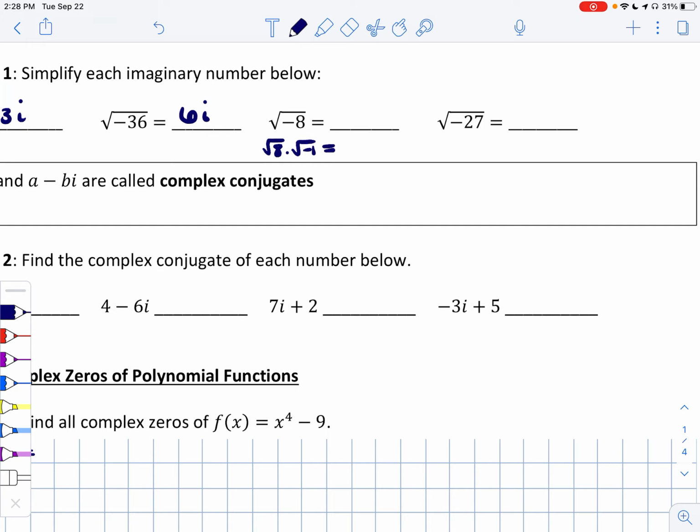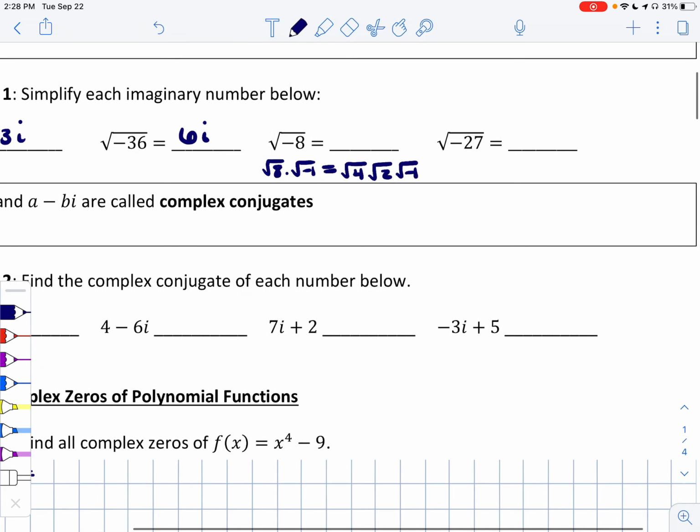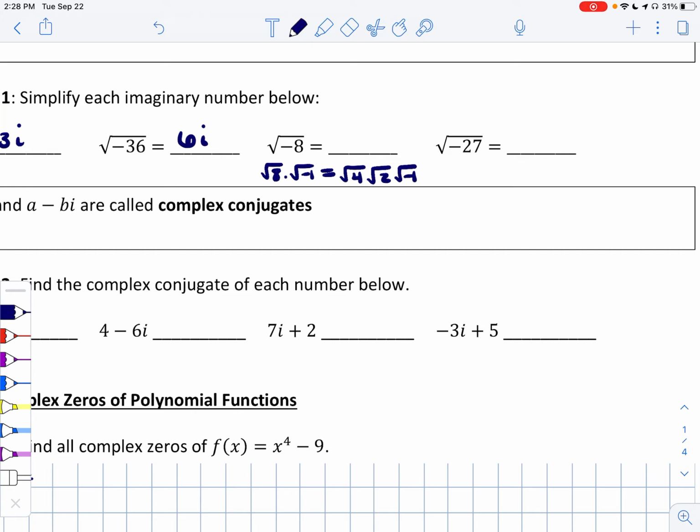But then that 8 we can keep breaking down as the square root of 4 times the square root of 2. So the square root of 4 becomes 2. The square root of negative 1 is i, and then we still are just left with the square root of 2.